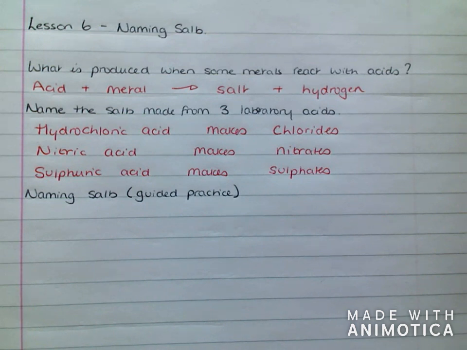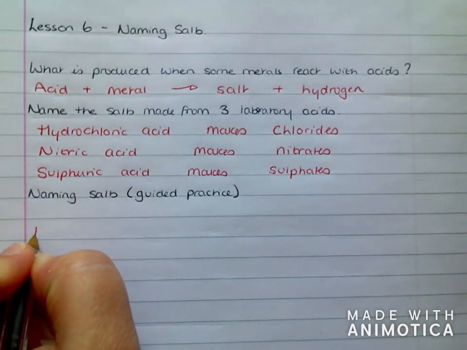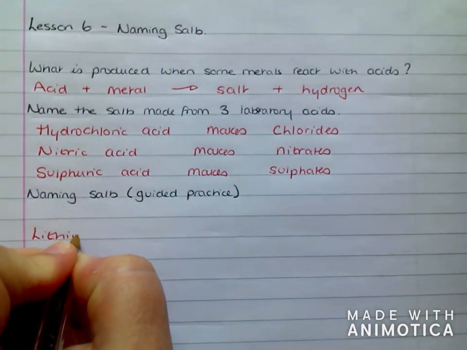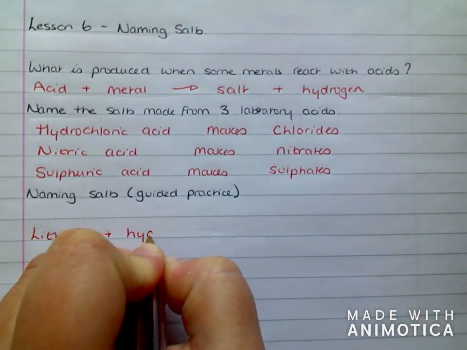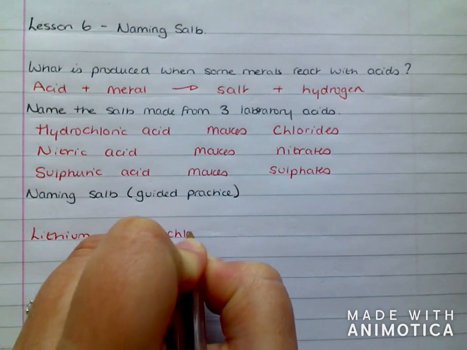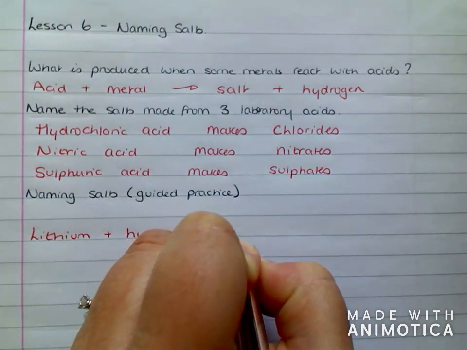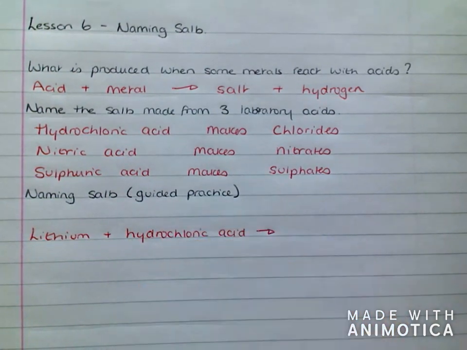So what does this even mean? I'm going to give you 3 examples now. So first one, I'm going to do lithium plus hydrochloric acid. So I've got my metal plus acid, so I know I'm going to make a salt and hydrogen.